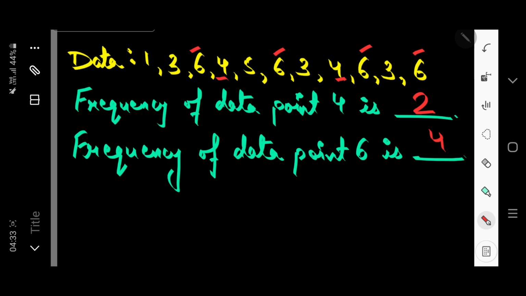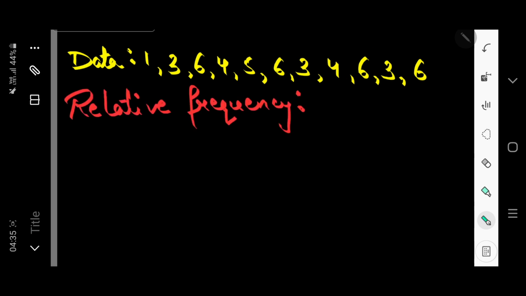Now let's move to the relative frequency of the data point. Let's say that we have to find the relative frequency of the data point 6. So the relative frequency of data point 6 is 4 by 11 into 100.